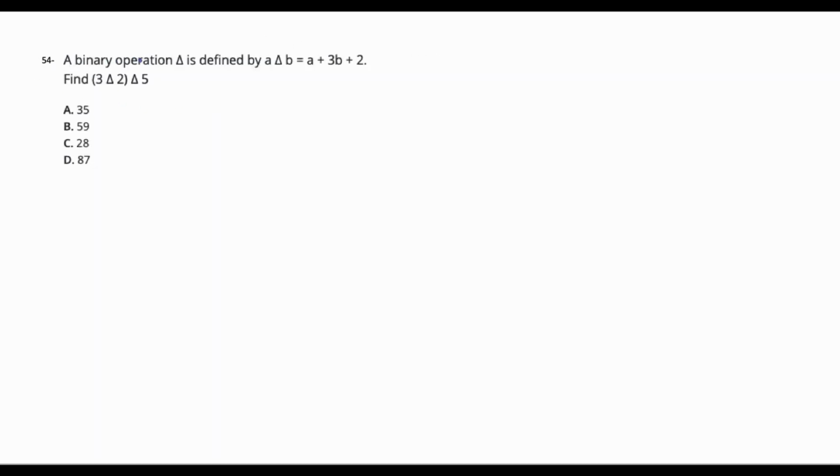Question 54 says a binary operation represented by this triangle is defined by A operation B equals A plus 3B plus 2. Now find 3 operation 2 in brackets operation 5. So let's start by handling this bracket. So now we know that 3 operation 2 is equal to A, which is 3, plus 3 multiplied by B, which is 2, plus 2.